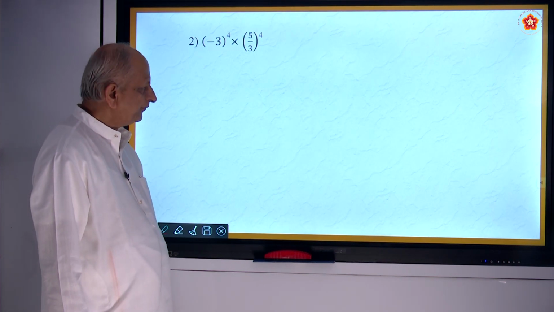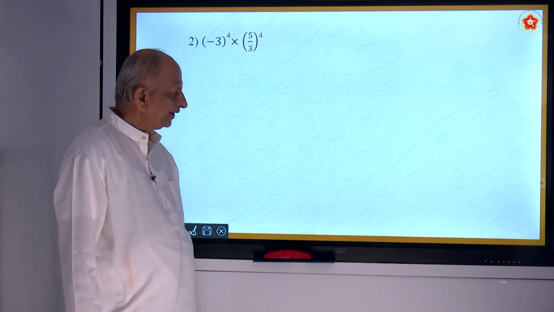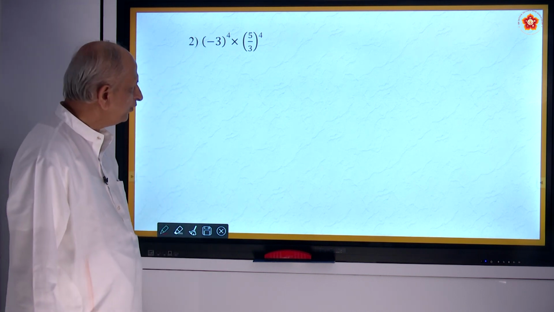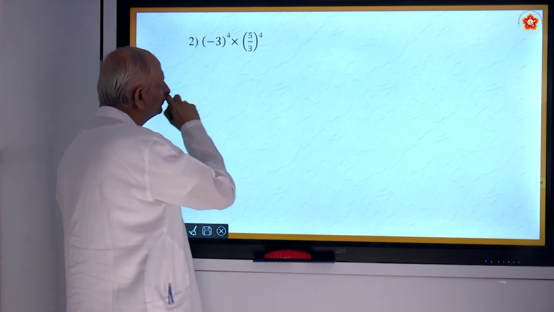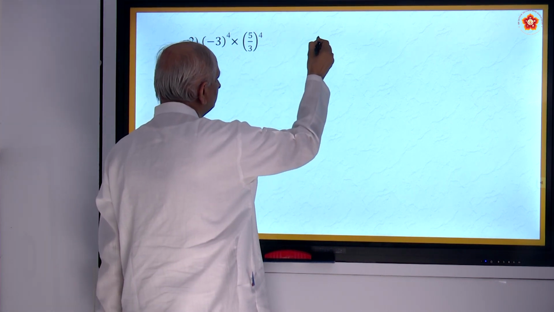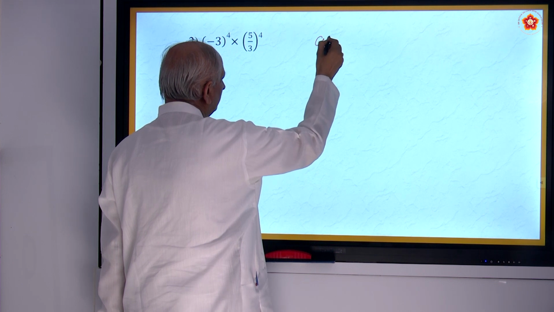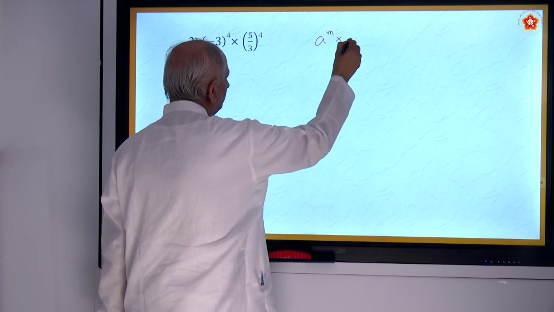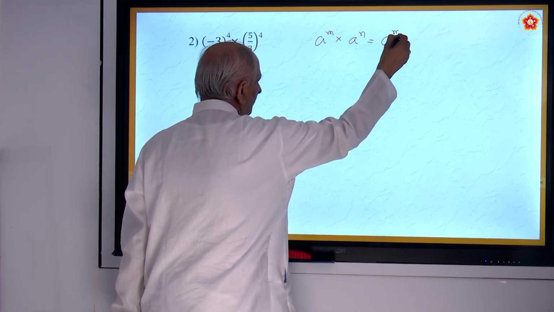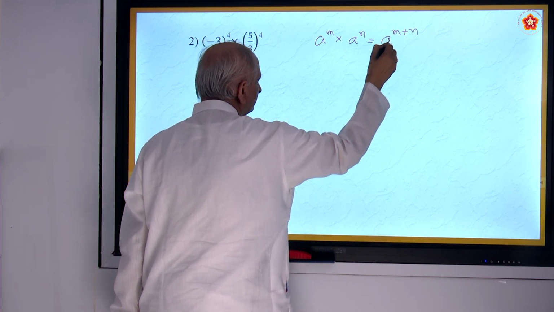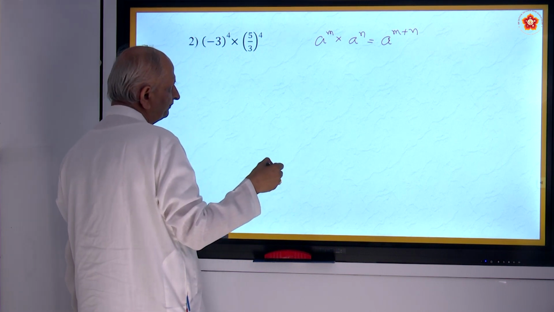Minus 3 to the power of 4 into 5 by 3 to the power of 4. How to do it? As usual, a to the power of m into a to the power of n is equal to a to the power of m plus n. One formula.